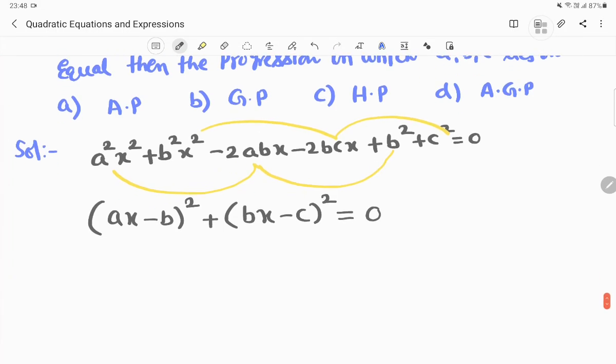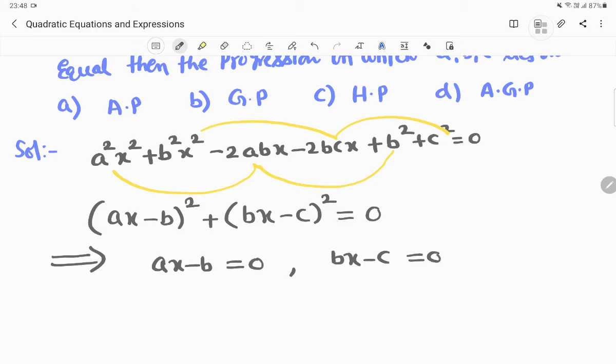The sum of the squares is equal to 0 means either a = 0 or b = 0, or both. So it implies that ax − b = 0, comma, bx − c = 0.